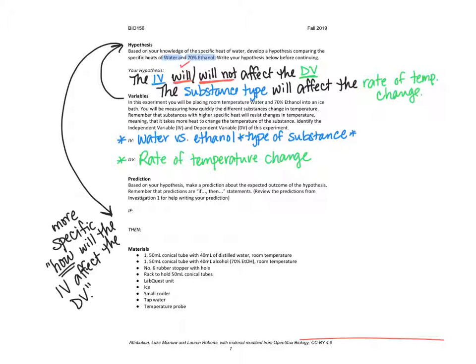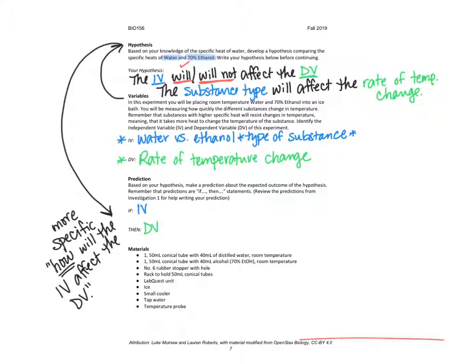All right, and once again, there's a formula that doesn't work for every instance, but it'll work here, where we can say if the independent variable, then something's going to happen to the dependent variable.